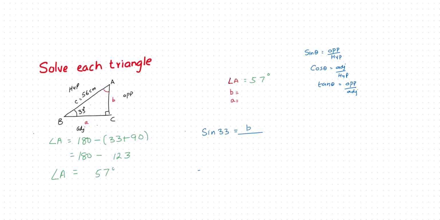Now we cross multiply. So B times 1, B equals sine 33 times 56. So write sine 33 times 56. We can use a calculator to find the value of sine 33, which is 0.544, times 56.